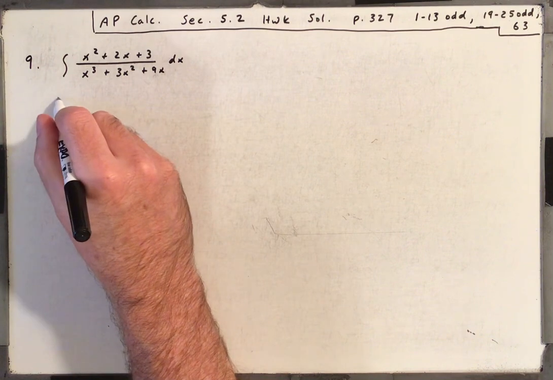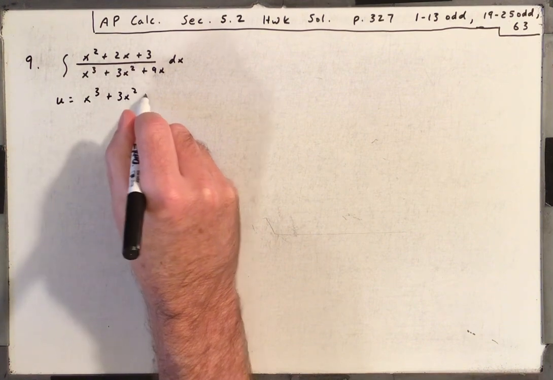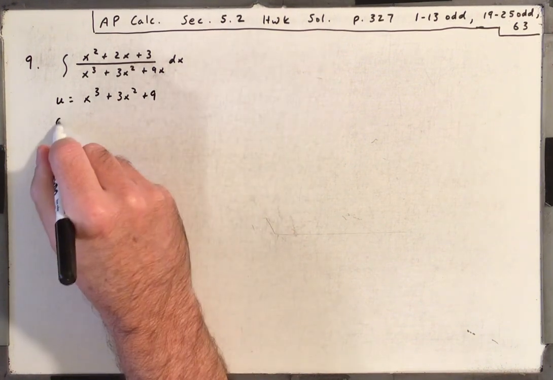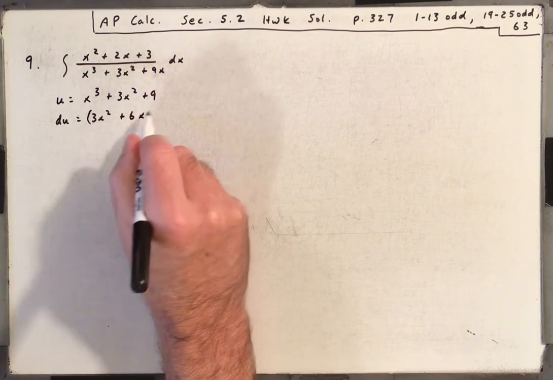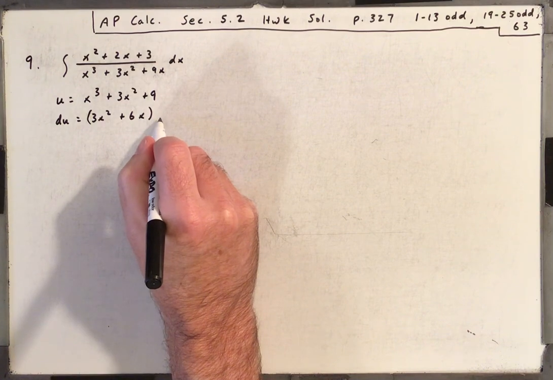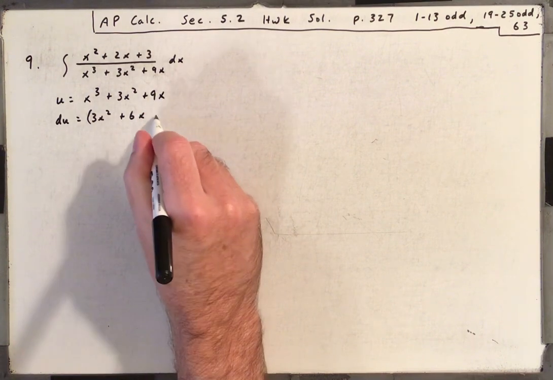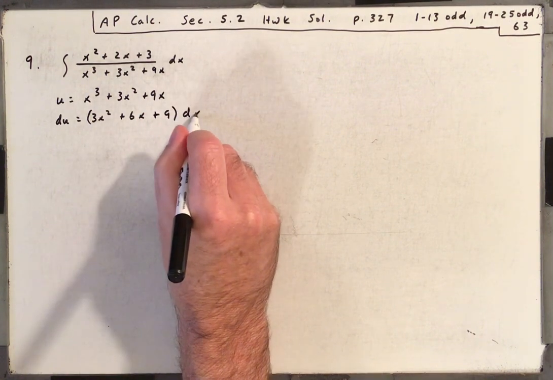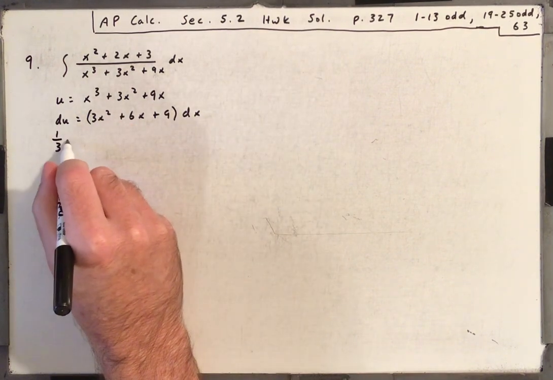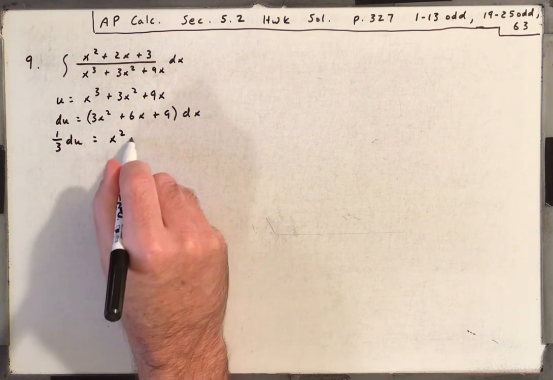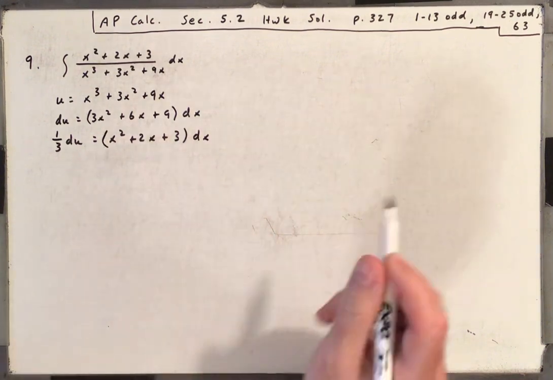So let's let u be x cubed plus 3x squared plus 9x. And then du is going to be 3x squared plus 6x plus 9 dx. I need it to just be a third of that, right? So 1/3 du would be x squared plus 2x plus 3 dx. Funny how that works out.